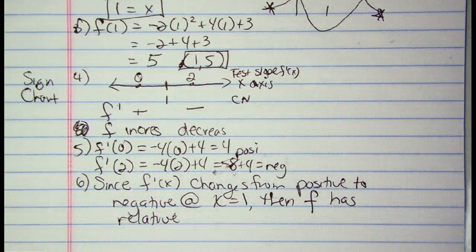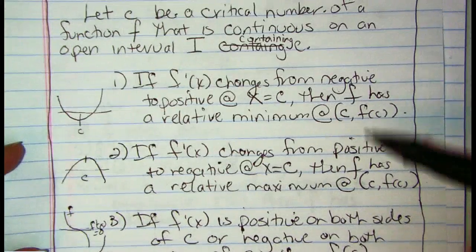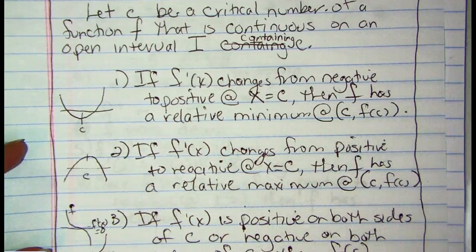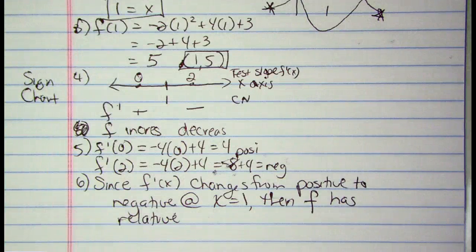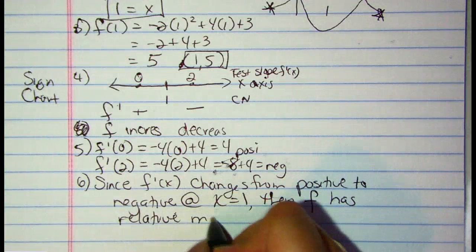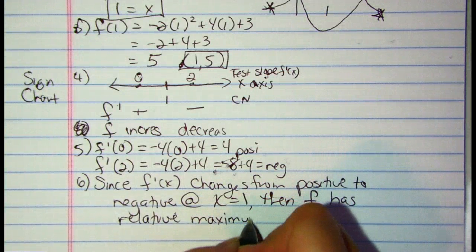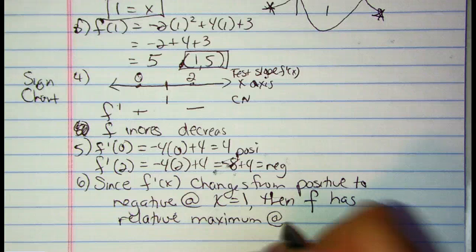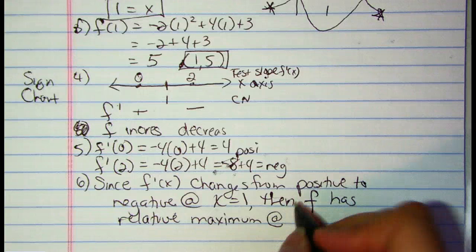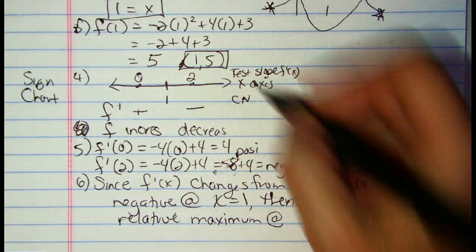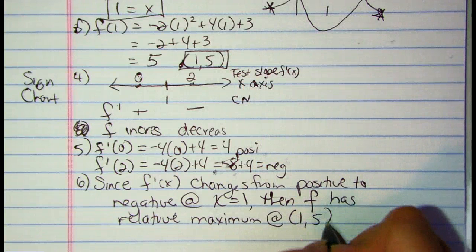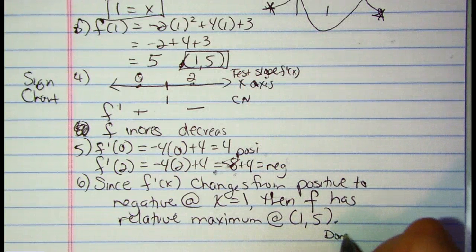Let me take a look at the first derivative. Positive to negative, yes, it's a maximum. Then f has a relative maximum at, oh, well, I have not done that value. Oh, yes, I have. I've done it right here at (1, 5). Done.